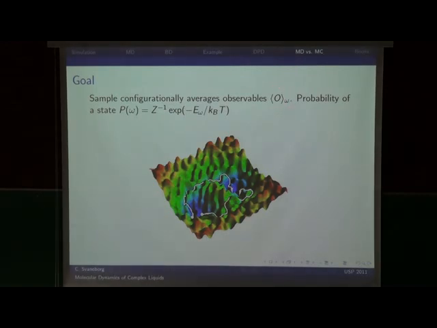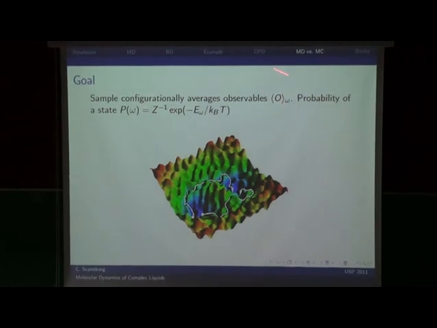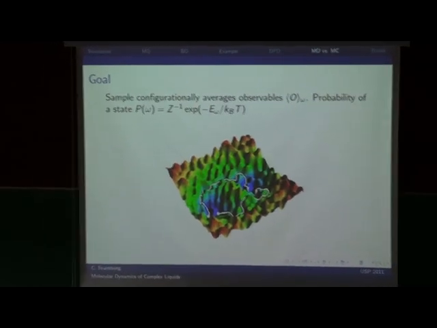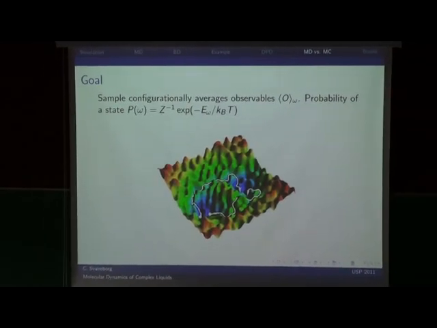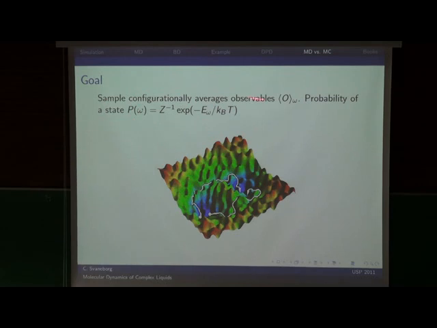In molecular dynamics, you have the energy landscape, and the dynamics walks around the energy landscape, and in this way generates a number of configurations, omega, so that you can make this average. Monte Carlo simulation works in a different way, by doing, should we say, artificial dynamics in energy space, but it still reproduces this Boltzmann distribution, and hence is a different way of obtaining these averages.